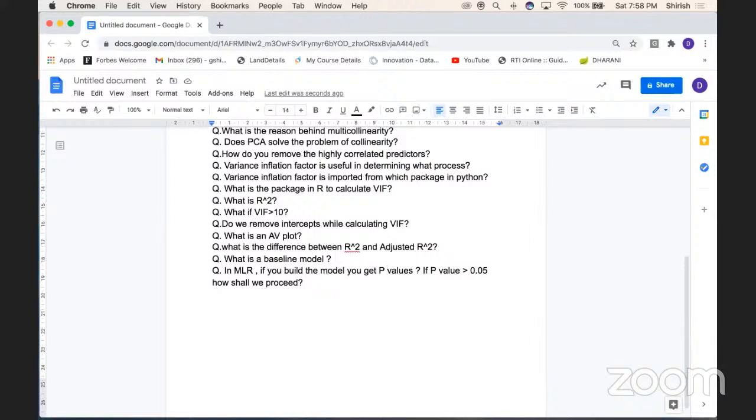Right? You have something called hat values. Any observation which is standing out from the remaining points in the hat value plot is also an influential observation. So all these 4 would give you the same set of observations. You remove that particular observation or record and take a call.